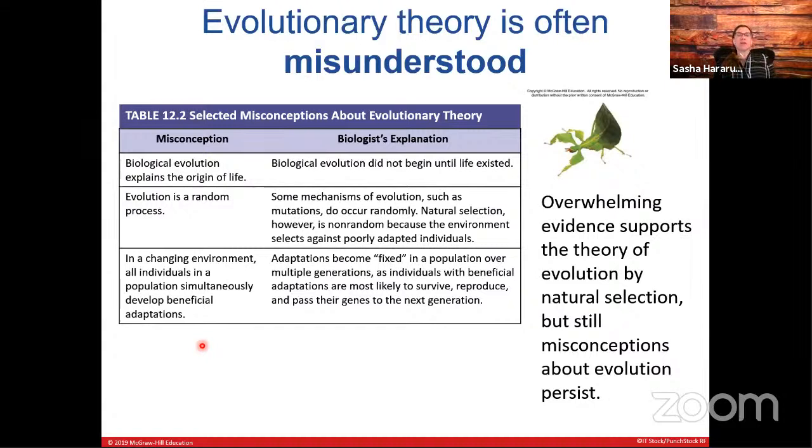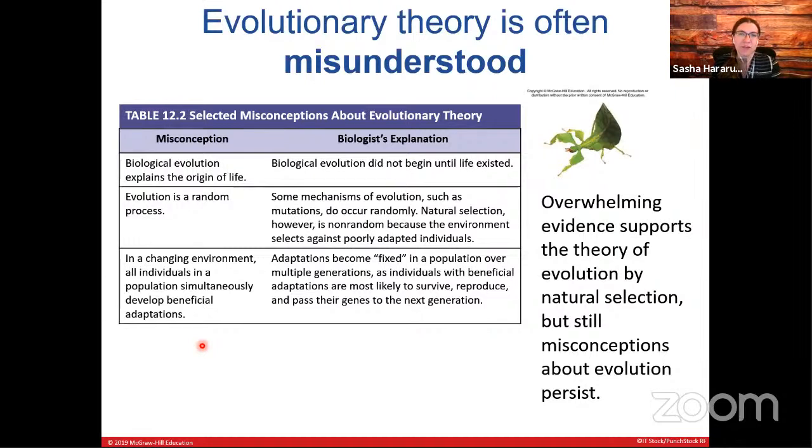The second misconception is that evolution is a random process. It's not quite true, because the environment selects for the individuals that will survive.